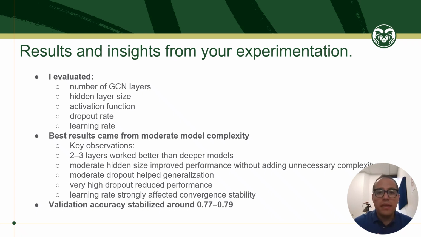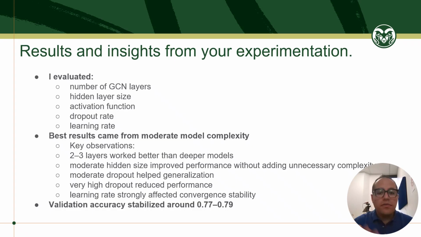Increasing the number of layers did not always help, and deeper models could reduce performance. Hidden dimension and dropout both matter, with moderate values giving a better balance between learning capacity and generalization. I also observed that the learning rate had a strong effect on how quickly and how stably the model converged.